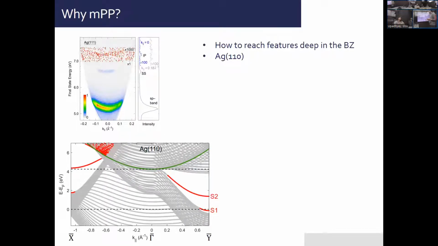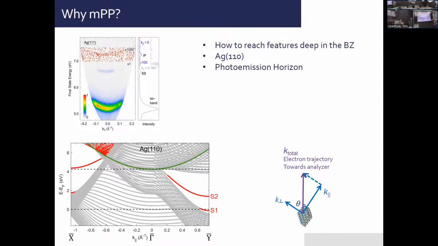The interesting part of silver 110, the band gap and the surface states, lie deep in the Brillouin zone. However, to excite the electrons deep in the Brillouin zone, we need to overcome a barrier called the photoemission horizon. This is because when the electrons are deep in the Brillouin zone, they possess part of the energy in the surface parallel plane.